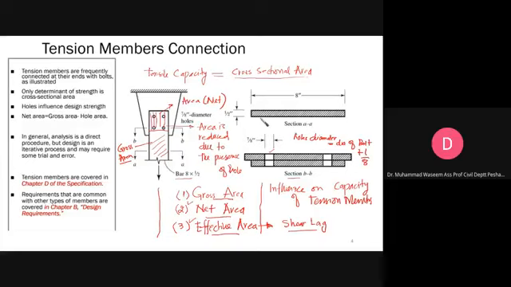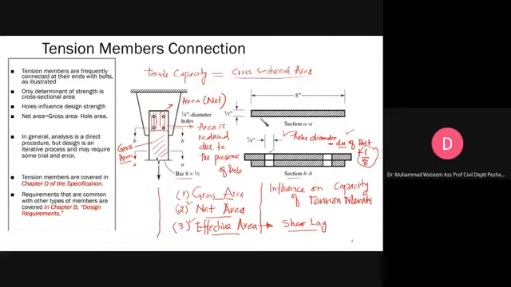If you are not given the diameter of the hole and you only know the diameter of the bolt, you can calculate the hole diameter by adding a clearance of 1/8 inch to the bolt diameter. Please remember.